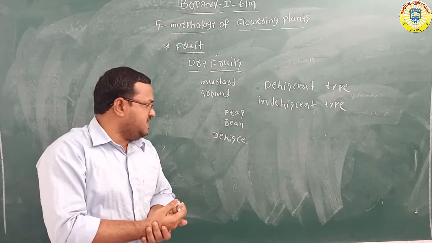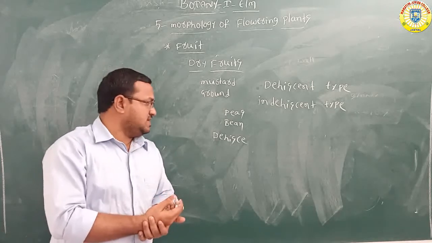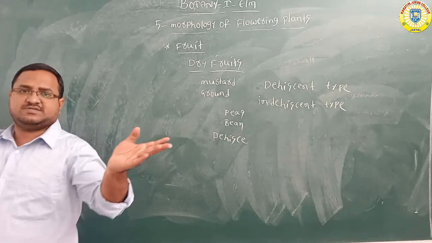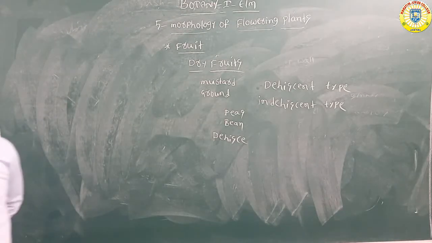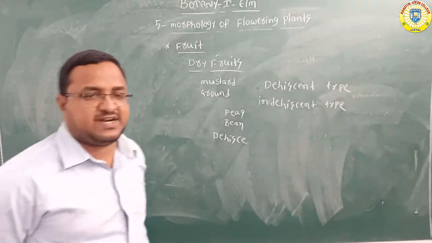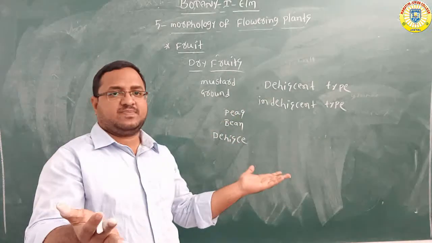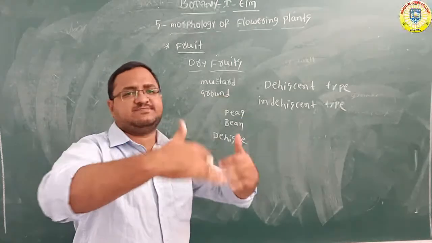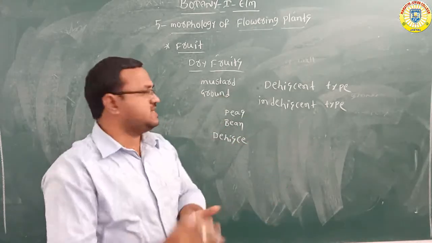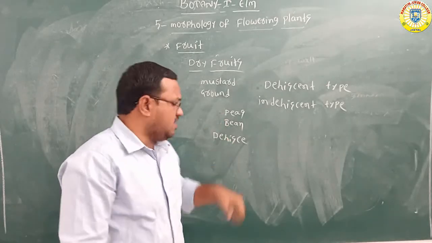In peas and beans the pericarp dehisces and the seeds are released. The pericarp dehisces dorsiventrally into two equal halves. Then the seeds are dispersed, liberated. So the best example for that is peas and beans.